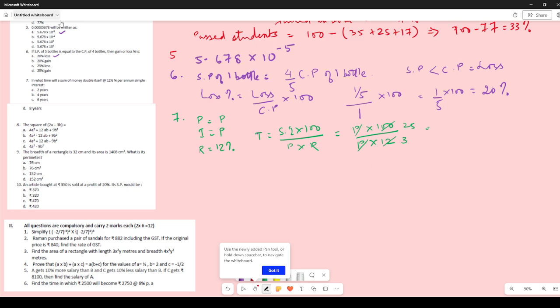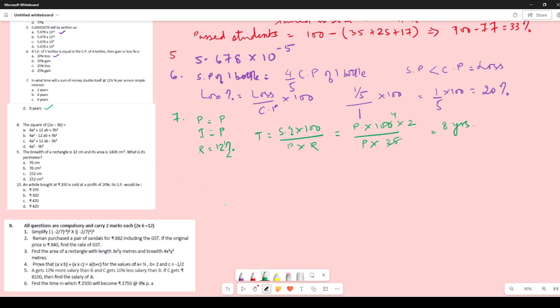Let me just erase it. Alright. So the rate is actually 12.5%. So it will be P into 100 by P into 12.5, which means 25 by 2. So we keep the 25 over here and we take the 2 over here. So what you get is time will be 8 years. So the correct option will be option D.